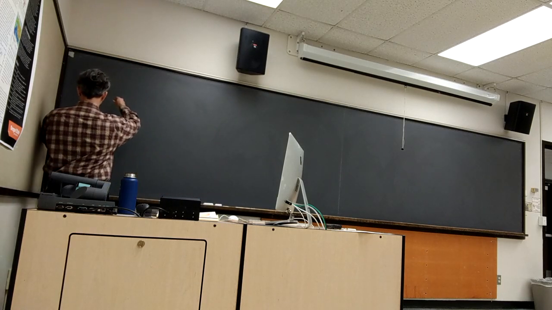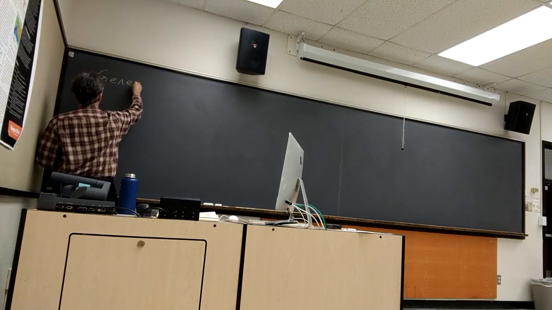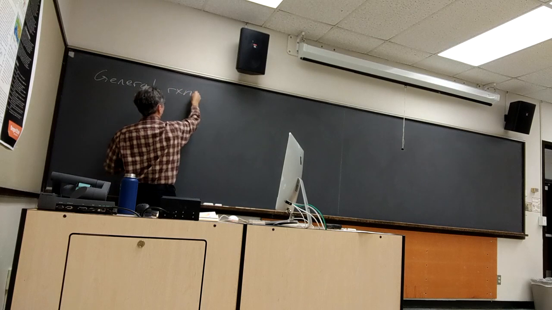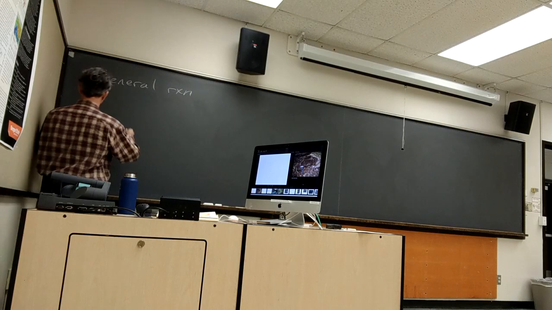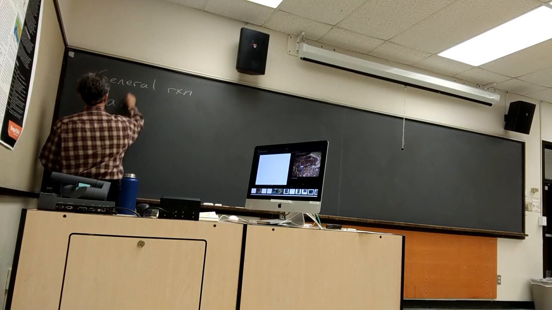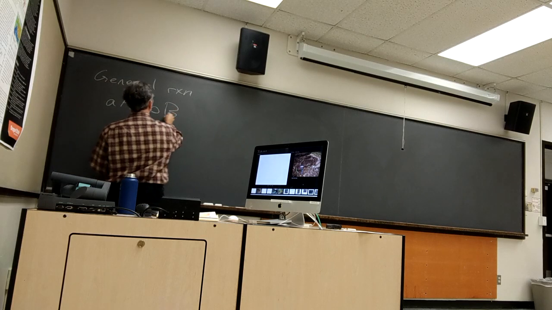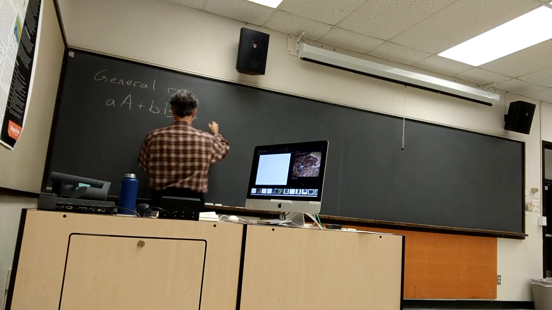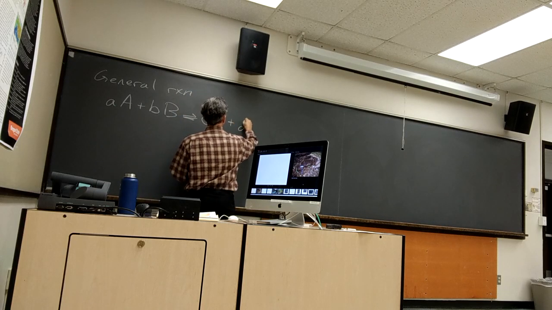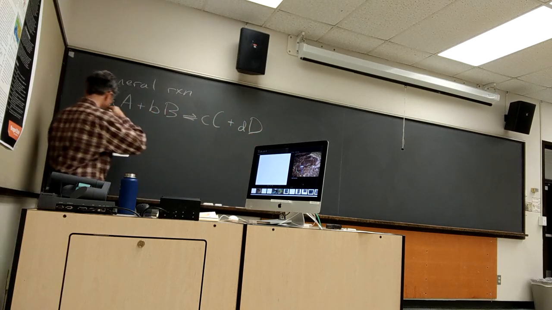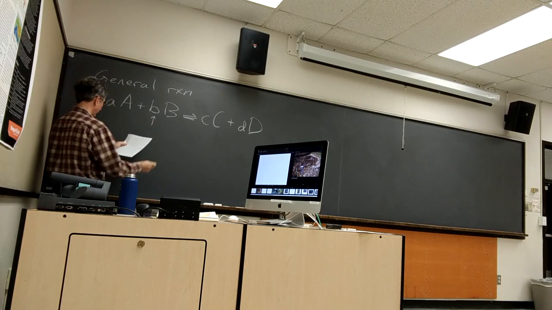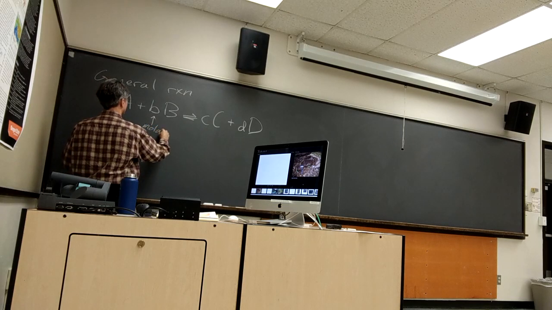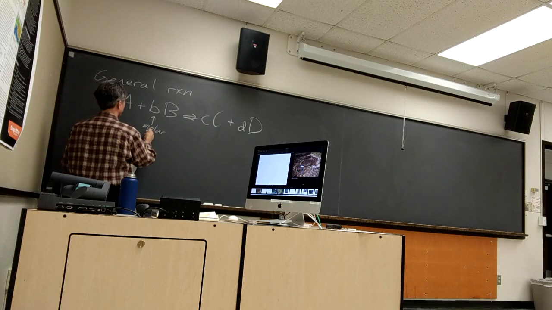Okay, so I will start by writing up a general fake reaction, which I will write thus and such. These small letters here are the molar constants, that is, how many moles of compound B in this particular case.